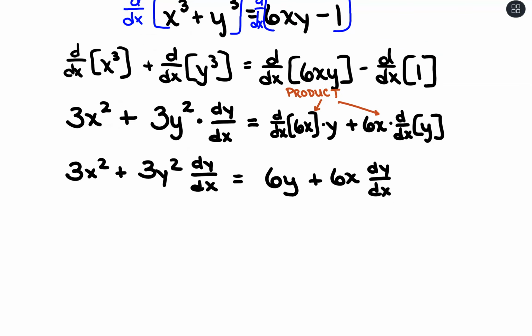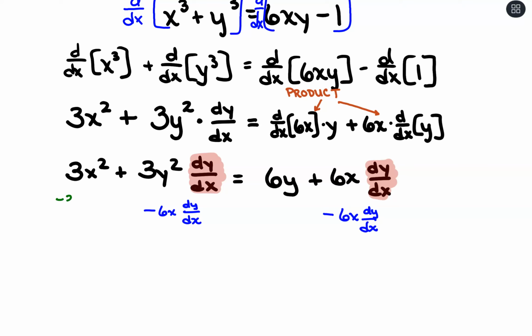Okay, so derivatives are done. Then what I do is I go looking for where is dy dx. And what I want to do is have those together on one side of the equation. So what I will do is, I'm going to subtract 6x dy dx from both sides. And then that'll group everything on the left-hand side.